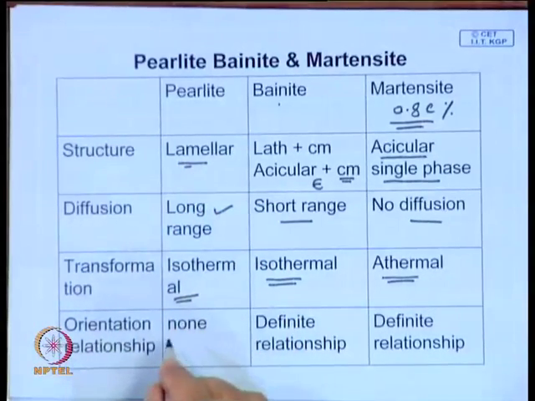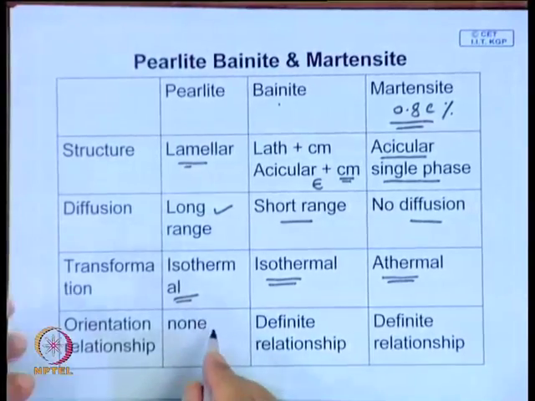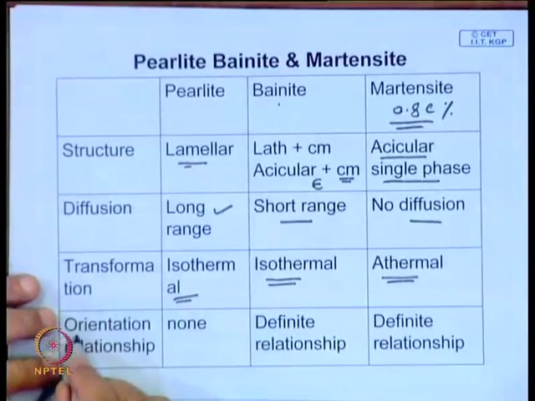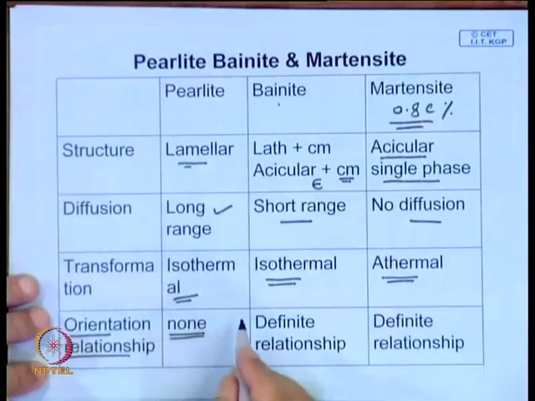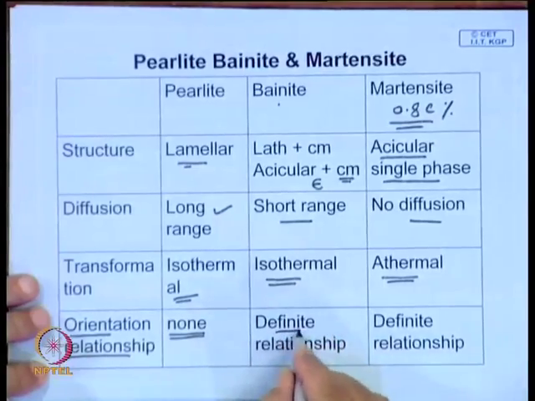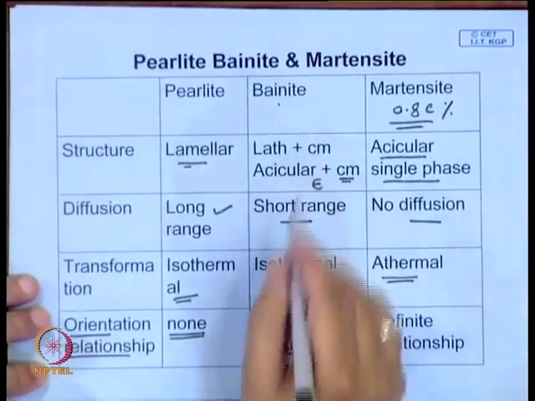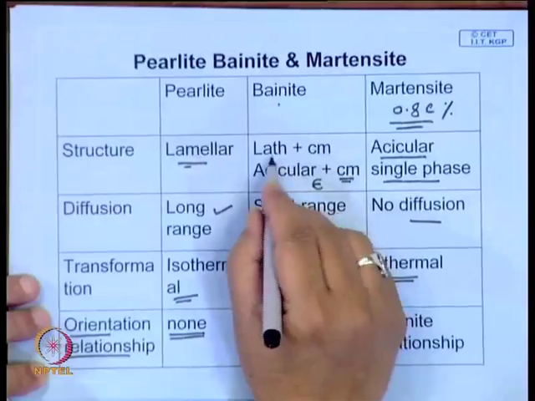Now, whenever transformation takes place, the precipitation in certain cases takes place on a particular plane of the matrix, and this is called the orientation relationship. In case of Pearlite, cementite can form, and there is no definite relationship on which plane cementite will form, but in Bainite there are definite relationships, and in fact these relationships can vary with the morphology.